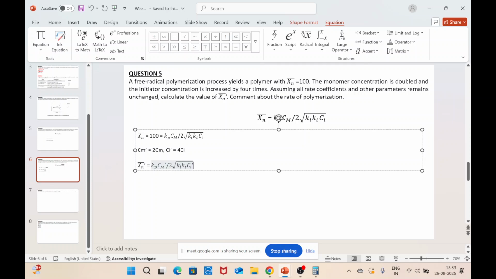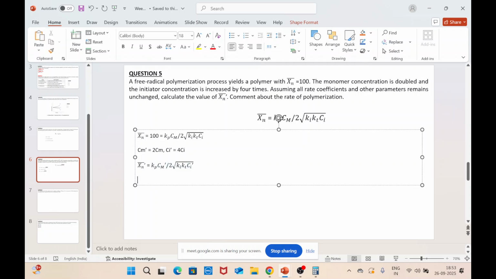Now based on this, express Cm dash and Ci dash in terms of Cm and Ci.